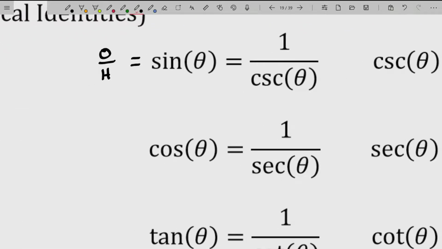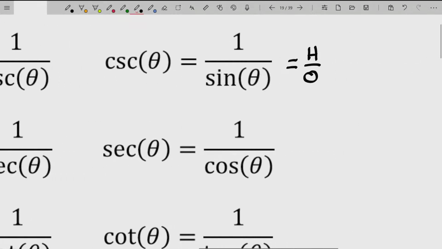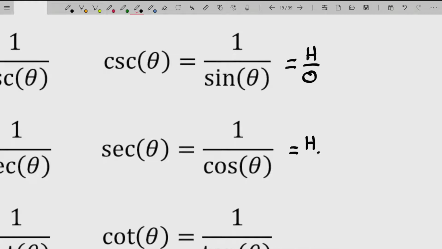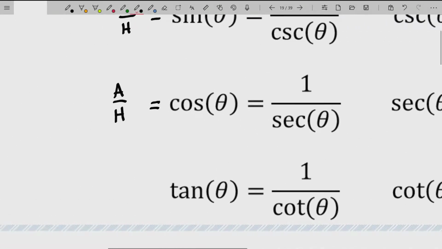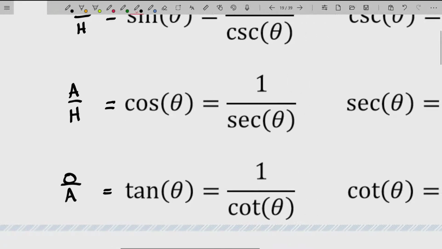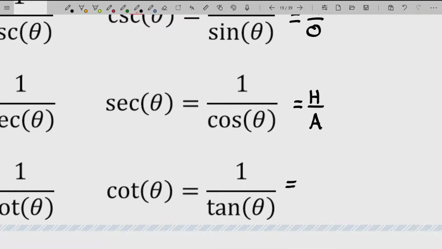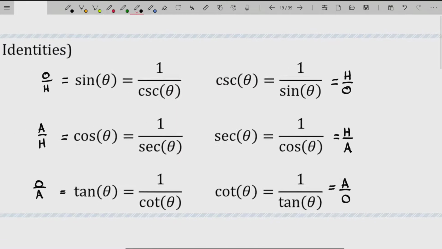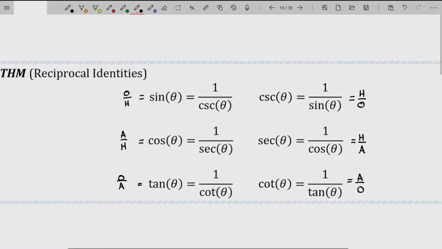The cosine and secant are reciprocals, because the cosine is adjacent over hypotenuse, and the secant is hypotenuse over adjacent. And finally, the tangent and cotangent are reciprocals because tangent is opposite over adjacent, and the cotangent is adjacent over opposite.